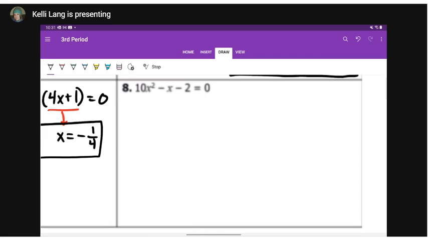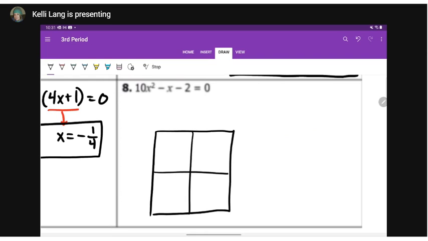All right, so we're gonna do number 8 together as a class. Here's why. This doesn't simplify, so we're gonna have to factor starting with a 10x squared. But we have options to do that. So you draw your grid and you put a 10x squared in the top left box, and you put a -2 in the bottom right box.